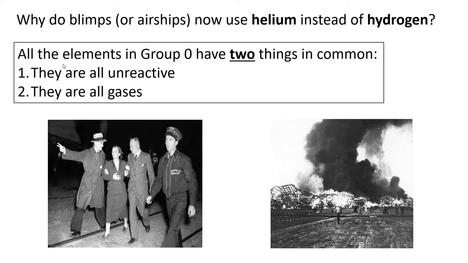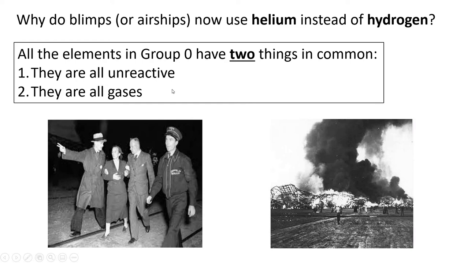Okay, so all group 0 elements have two things in common, and helium is a group 0 element. They're unreactive and they're gases. These two things allowed helium to be a very useful gas to put in a blimp. The fact that it's unreactive means that it won't set on fire.